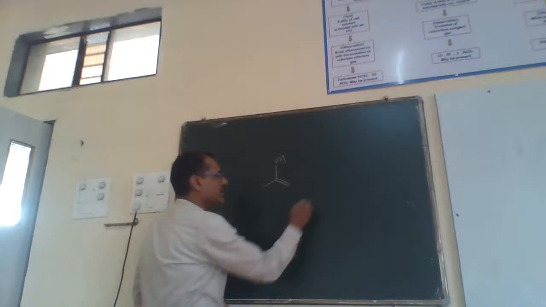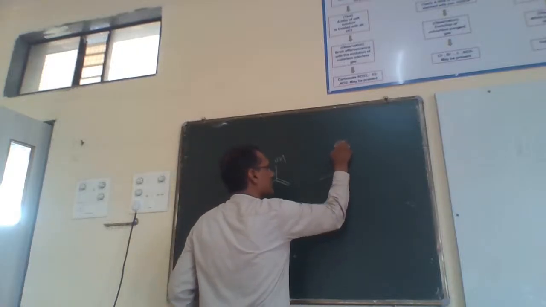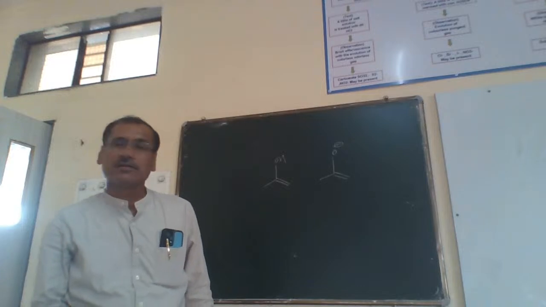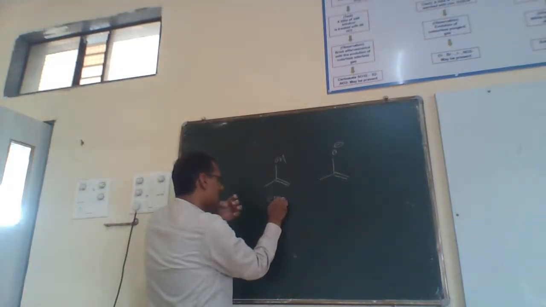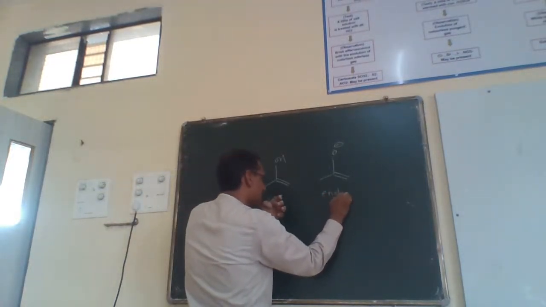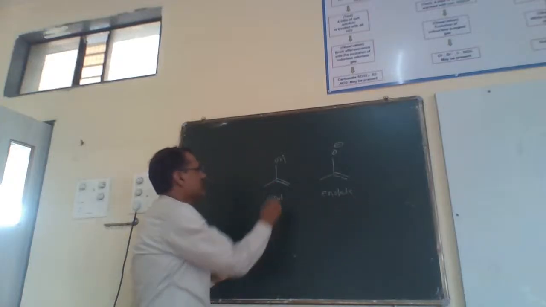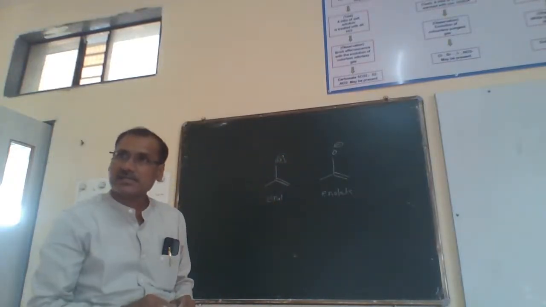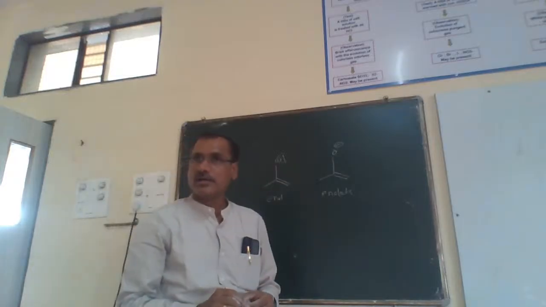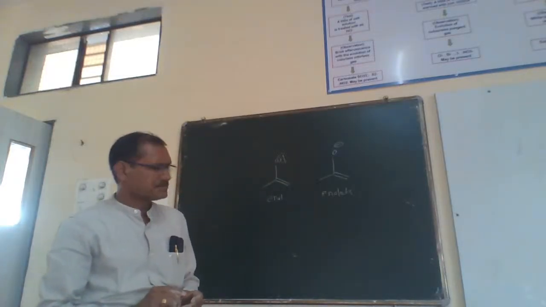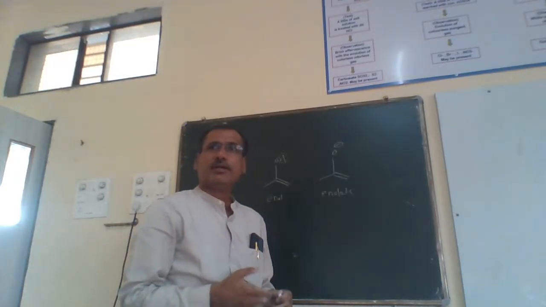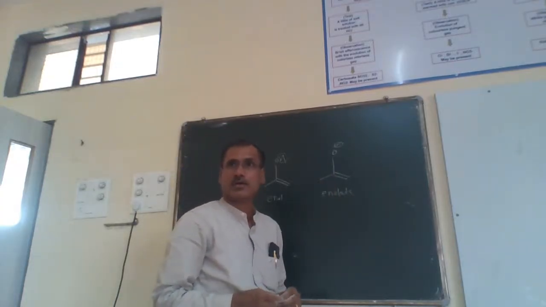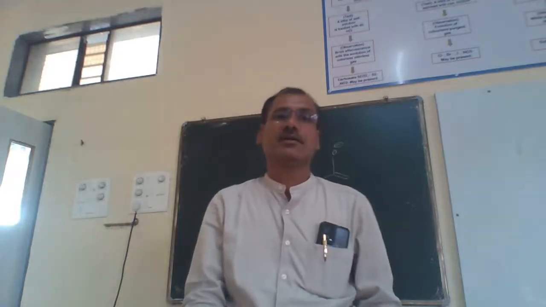And what is enolate? Enolate is this. Agree? This is called enol and this is called enolate. This hydrogen is relatively more acidic and can be taken away by base, and we can get the enolate. When you convert enol into enolate, it gets extra stability because of resonance.